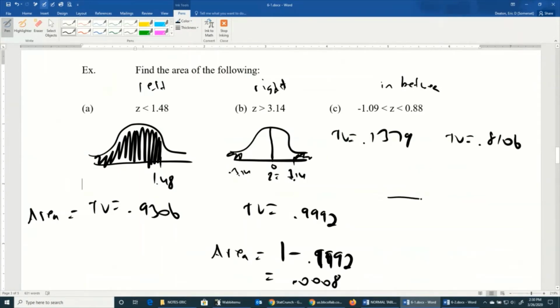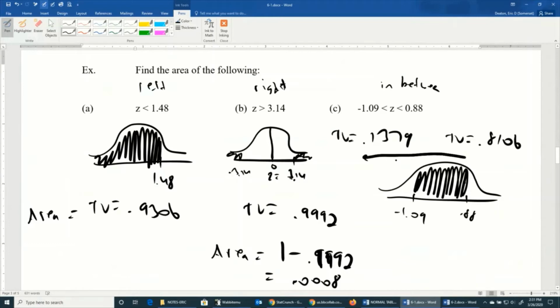Now let's just draw a picture. That's what we have here. So negative 1.09 is way over here, and 0.88 is over here. We want the area in between. Well, this 0.8106 is the area from there all the way to the left.